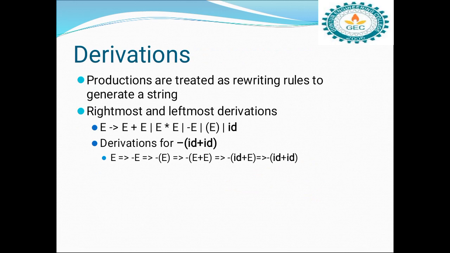Derivations are of two types, leftmost derivation and rightmost derivation. Leftmost derivation means we generate the parse tree from left to right. Rightmost derivation means generating the parse tree from right to left.